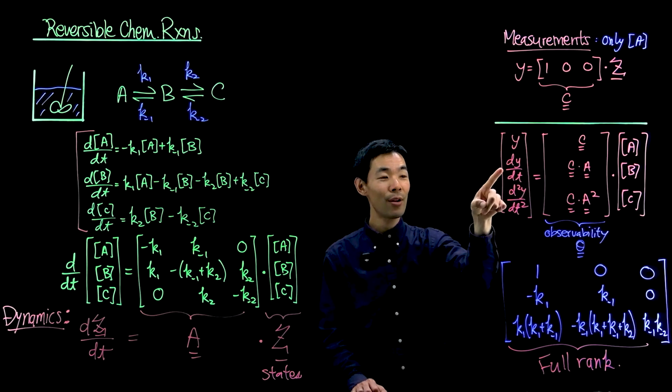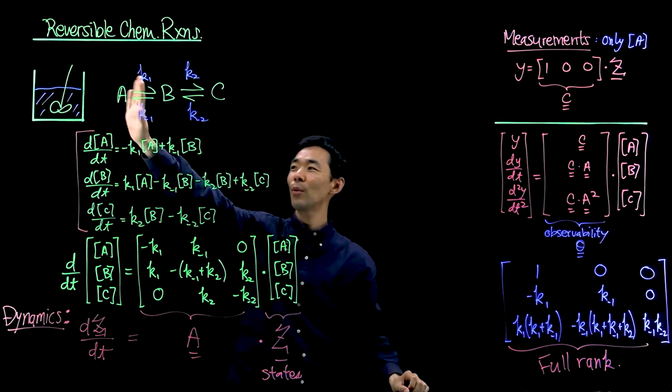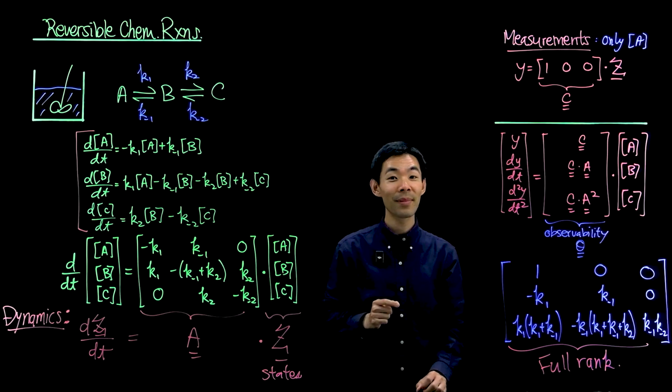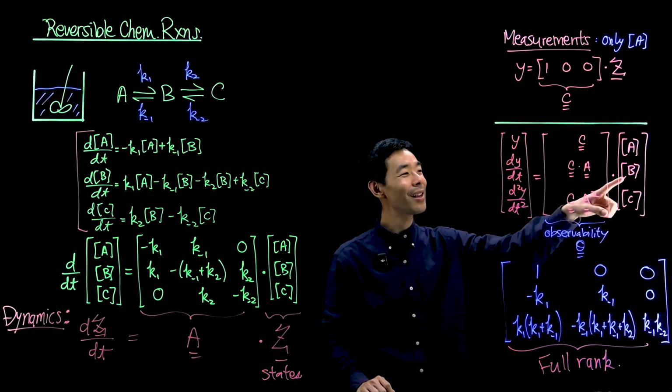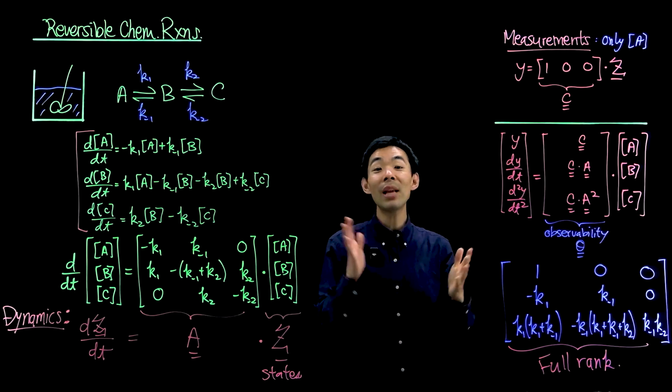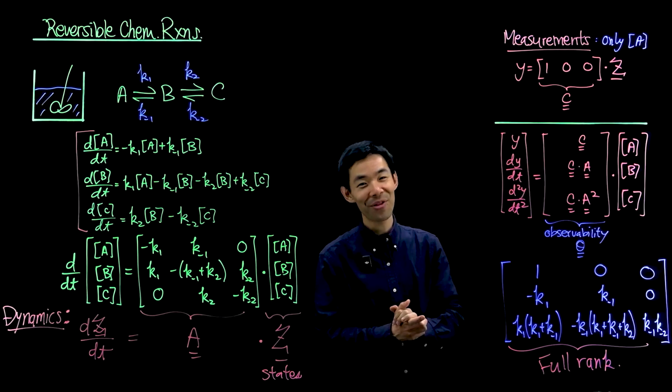So you're able to take 3 measurements of your chemical concentration of your reactants in time. What that means is that you can actually uniquely determine the concentration of B and C that you never even measured to begin with. This is the power of estimation.